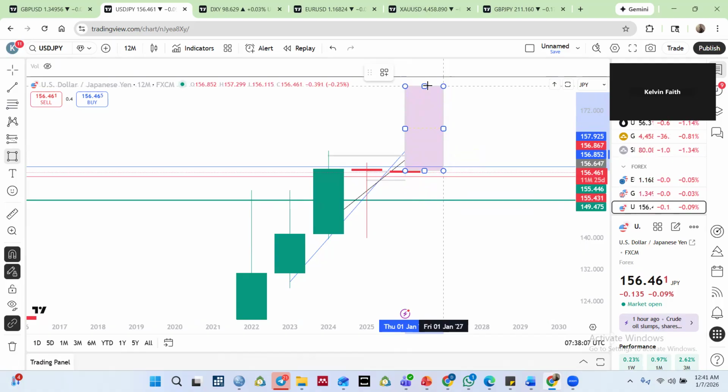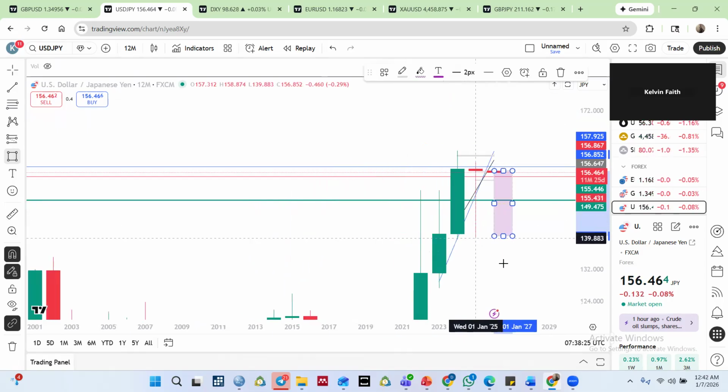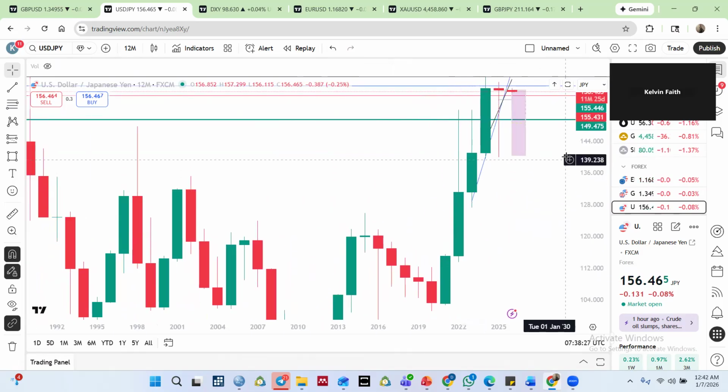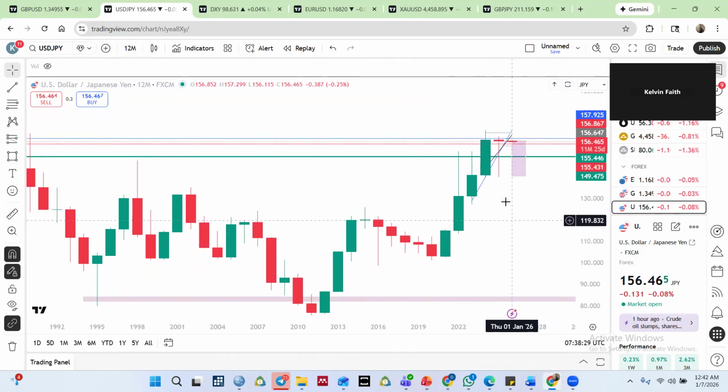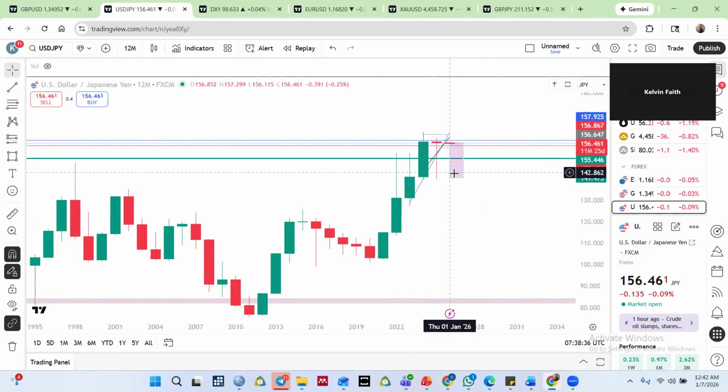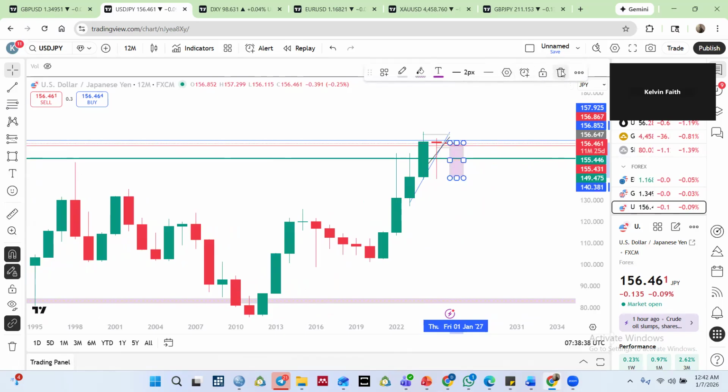So with an indecision candle, price might want to continue the bullish market, or just decide to do a wick fill, push up again, and maybe fill everything to the brim. And that means that we might be getting some kind of a pullback or reversal around this area from the 1 year time frame. So this is the way I'm seeing it.